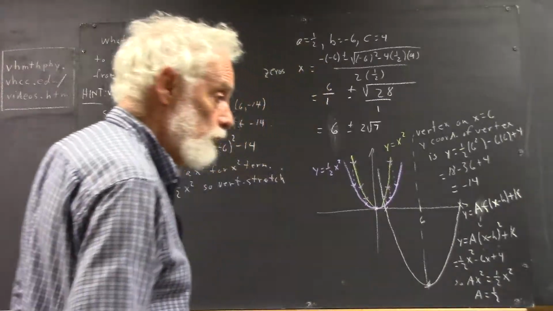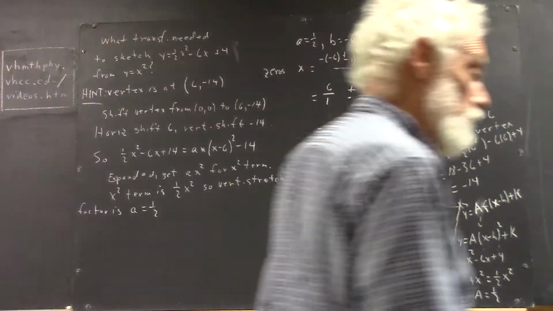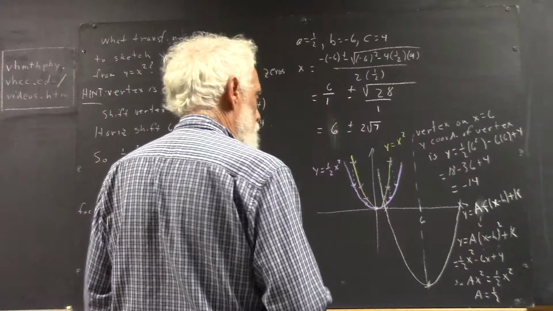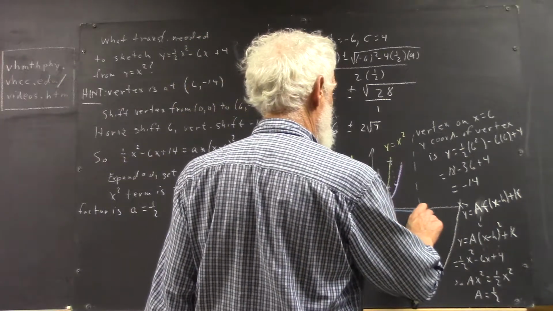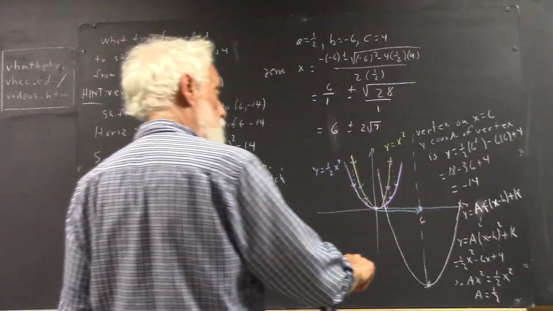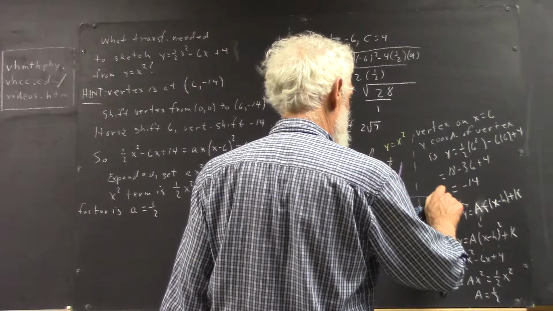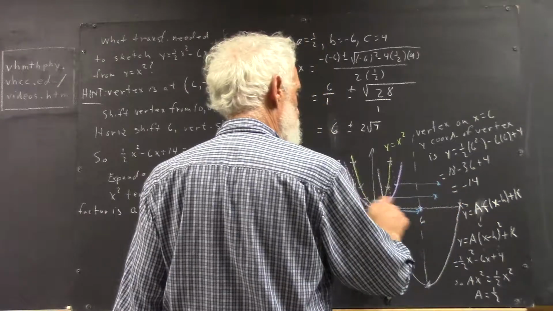So let's grab a couple other colors here. I've already used purple. So I shift every point 6 units. I shift the vertex 6 units in the x direction, shift this point 6 units in the x direction, shift this point 6 units in the x direction, and so forth.